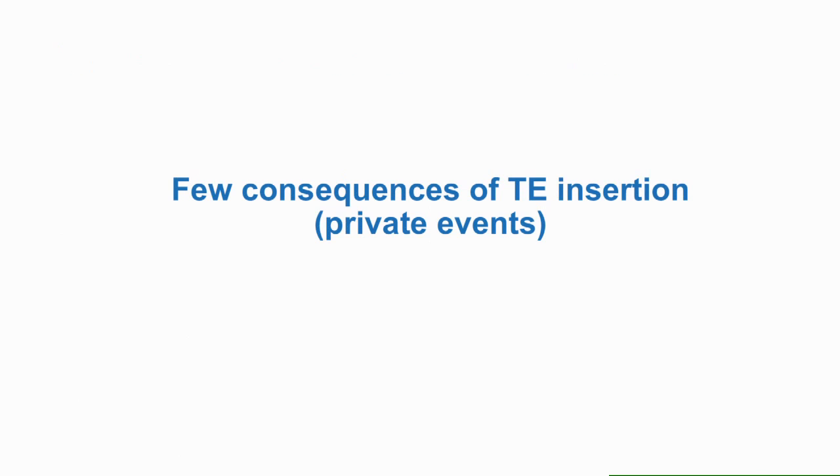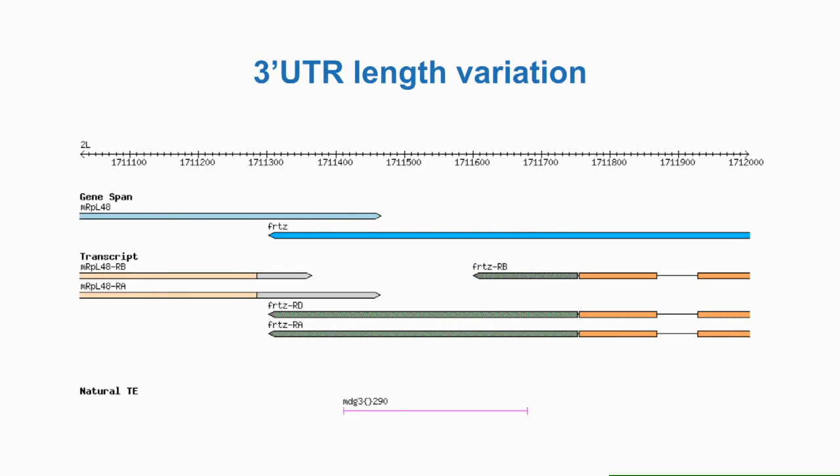I don't have much time to go over what other cool stuff I have found. So I'll just give you 2 examples that are representative of the insertion-deletion variants that I have seen. If you go to FlyBase and look at this gene, it has this T insertion between the 2 genes.